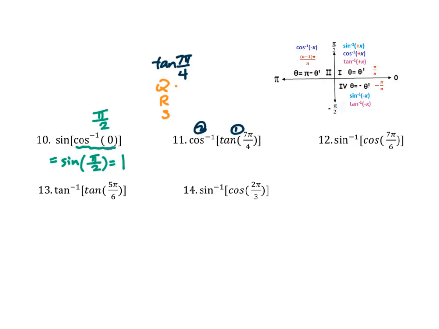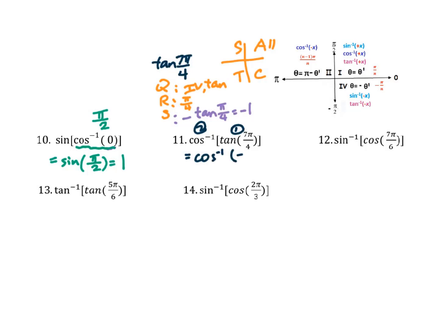Fourth quadrant. And the reference angle is pi over 4. For tangent, go to fourth quadrant. Use all students take calculus. We know that it's a negative tangent pi over 4 equals negative 1. So we're working on inverse cosine negative 1.